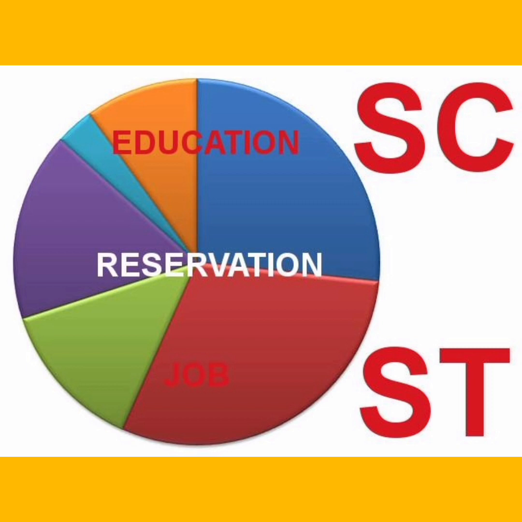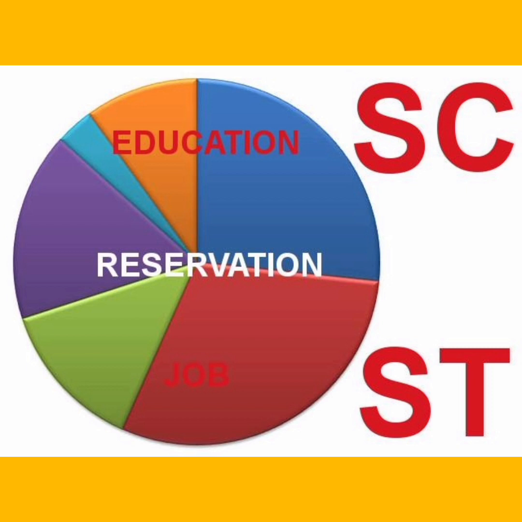In a scheduled caste reserved constituency, only someone who belongs to the scheduled caste can stand for elections in such a constituency. Similarly, only those belonging to the scheduled tribe can contest an election from a constituency reserved for the scheduled tribe.